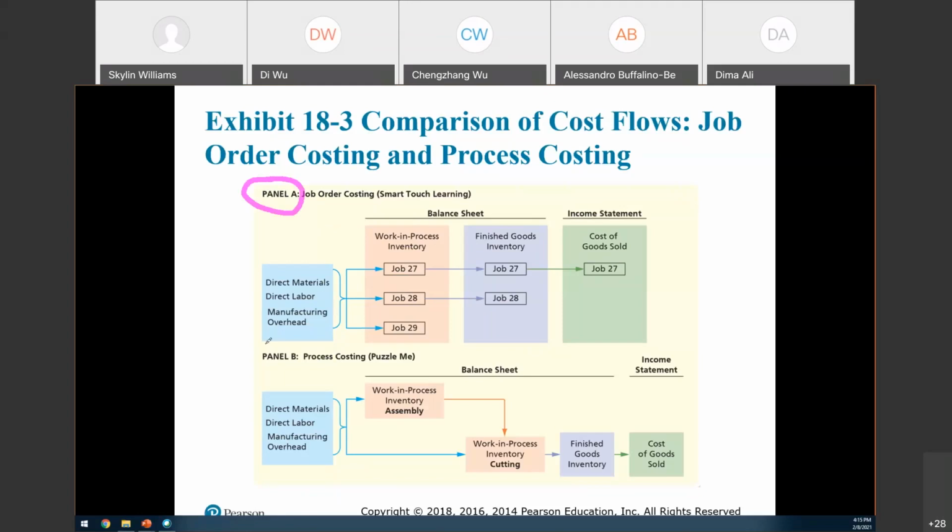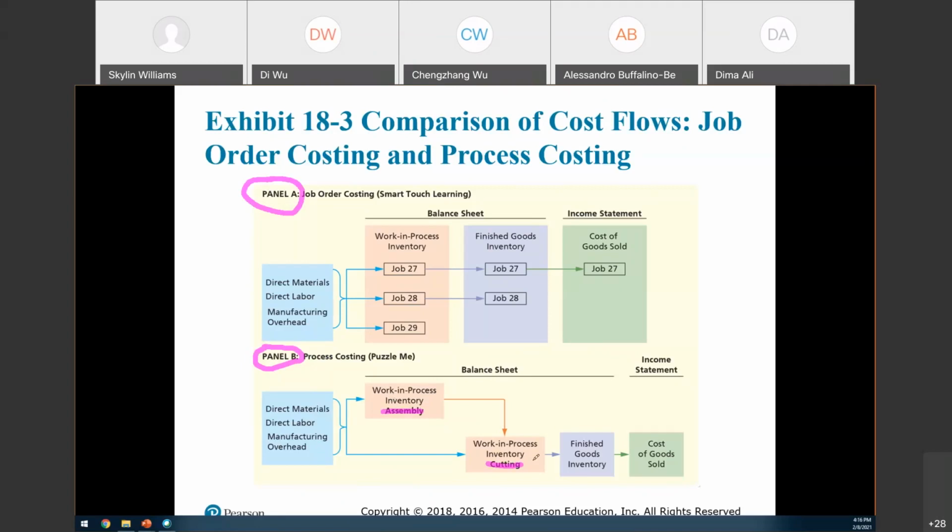And now let's focus on panel B. As you can see, there are two WIP inventory accounts in each different department in Puzzle Me company. The first account appears here in assembly department, and the second WIP inventory account appears here in cutting process.